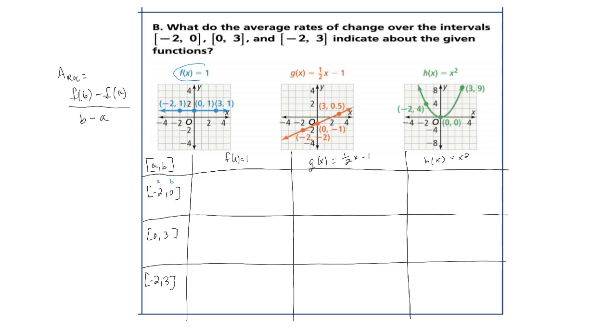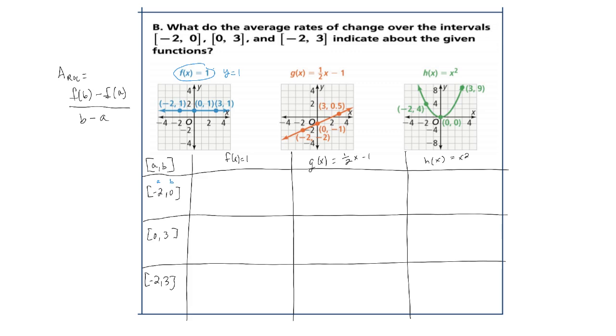If we look at this function here, if we substitute -2 in for x, we can see there is no x in the function. So technically our y value, if we substitute in -2 or 0 or anything, is just going to be 1, because it's saying f of x equals 1 or y equals 1. And you can see by the graph too, it stays on y equals 1.